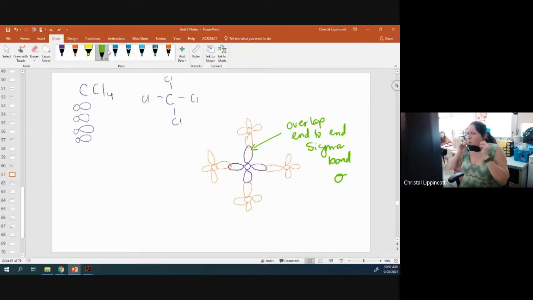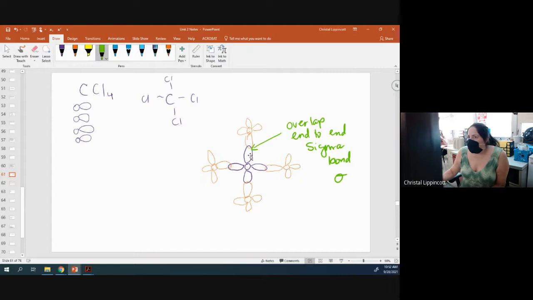The uppercase looks like a messed up E, something like that. That means something different, okay? Sigma is just for you. All right, so that's where they overlap end to end. Anytime we have sigma bonds, they're going to be this sp hybridization.